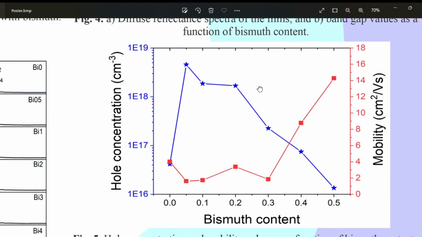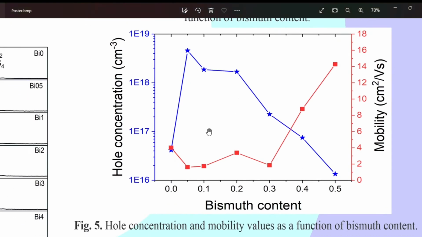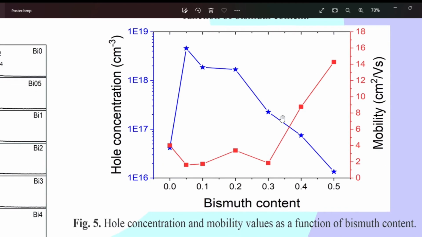In the case of the electrical properties, we see a general tendency for carrier concentration to decrease. On the contrary, carrier mobility tends to increase. This inverse relationship is because a lower concentration of carriers allows less carrier recombination, which in turn translates into higher mobility.